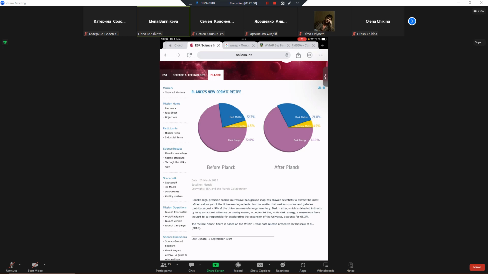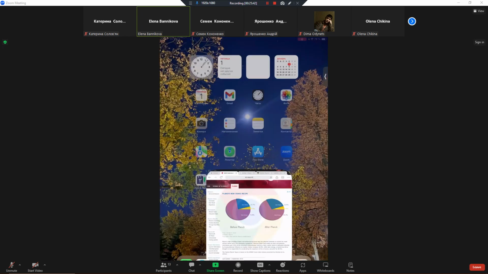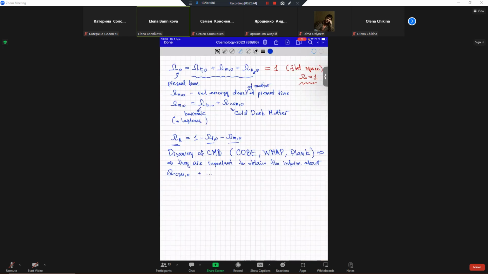Okay, so we can take this for an estimation, now the conspectus. Let's put here that omega lambda CDM, cold dark matter, for the present time equals 26.8%.